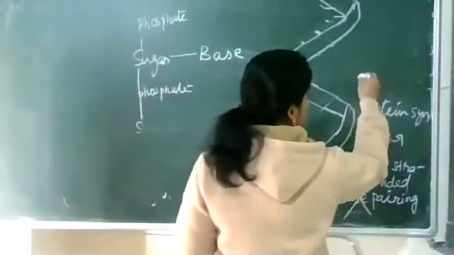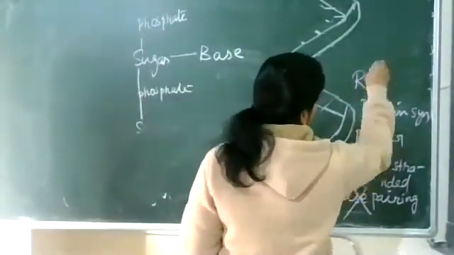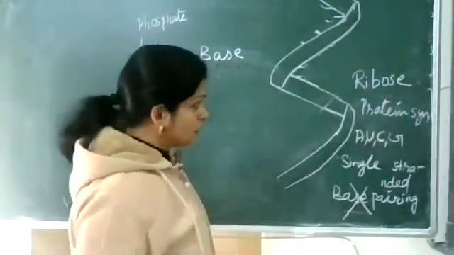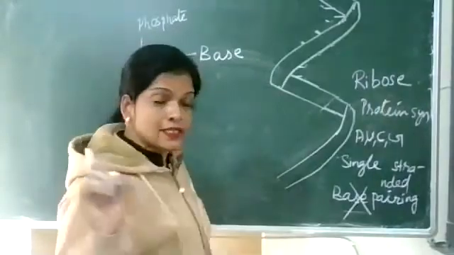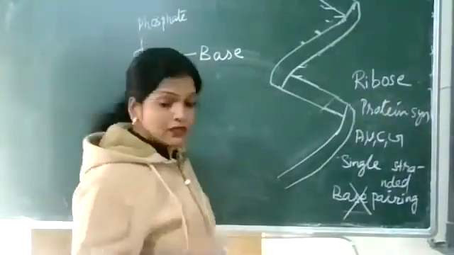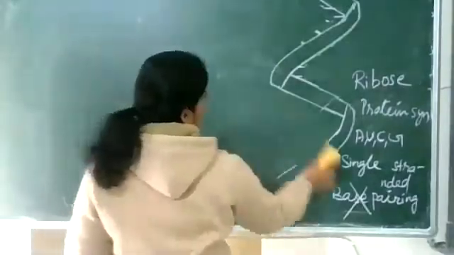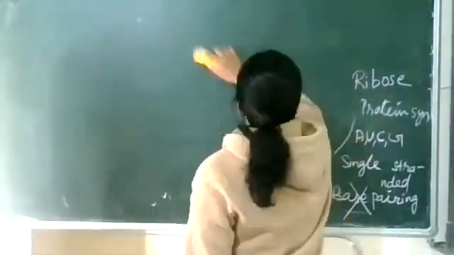Here the sugar is ribose, or in the case of DNA, deoxyribose. So let's see the differences between DNA and RNA.